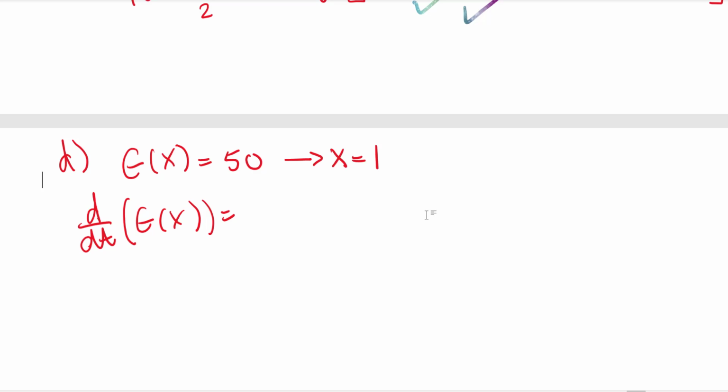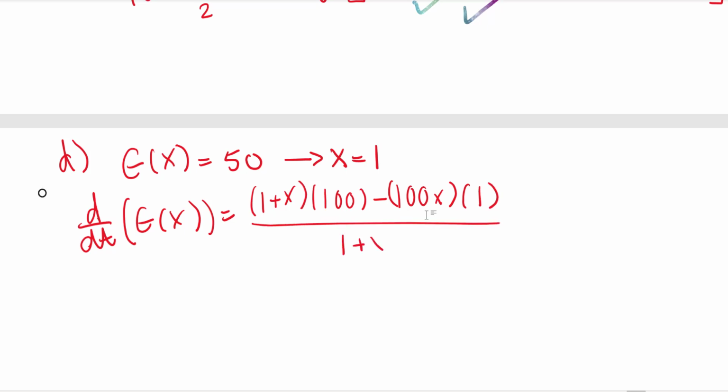So here I am going to do the denominator times the derivative of the numerator minus the numerator times the derivative of the denominator all over the denominator squared.